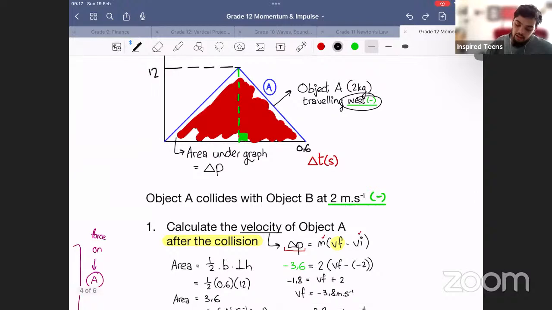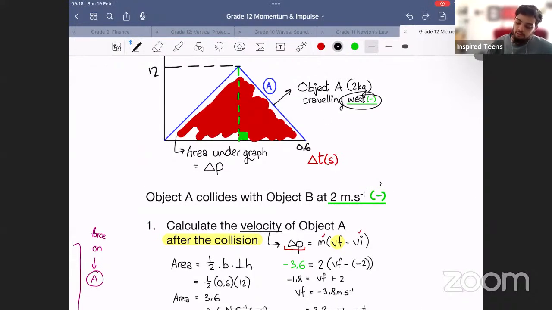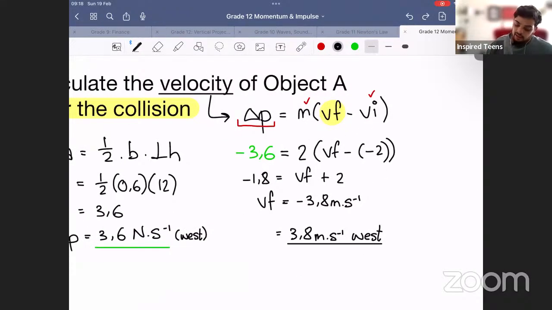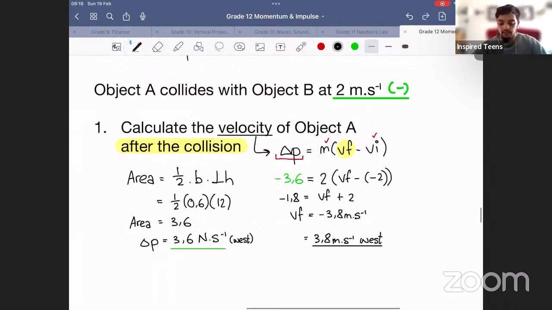Because object A collides with object B at 2 meters per second, and we know object A is traveling west. So this 2 meters per second has to be negative as well, because it's in the west direction, which we are considering as negative. We took the 2 over to divide, opened this up, simplified it as plus, took it over to the other side, and we got that answer.